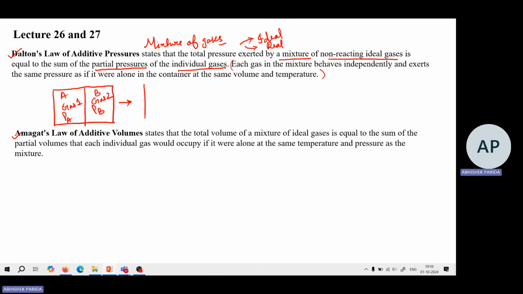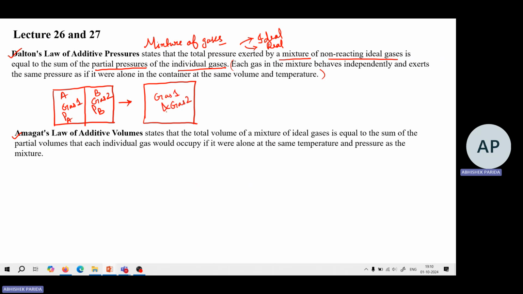Once this membrane is removed, both these gases will mix, but they are non-reacting gases, so there won't be any formation of a third type of gas. You will find both gas 1 and gas 2 in the mixture.